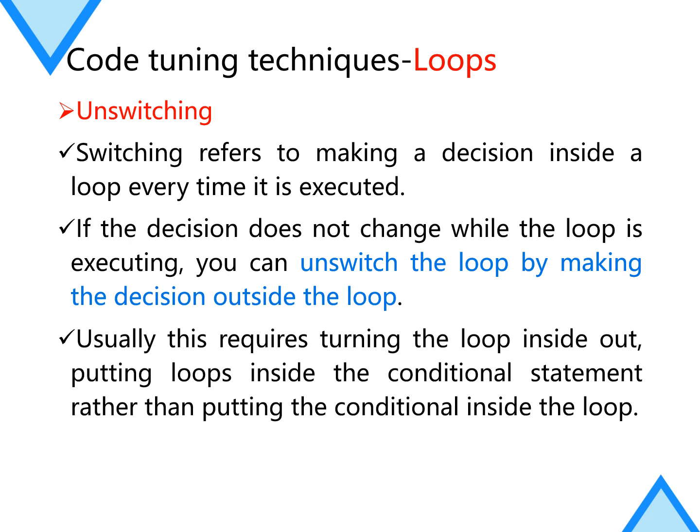If the condition does not need to be evaluated every time, put the loop inside the condition. If the condition changes every time, use the switching practice and put the condition inside the loop. So now we are going to unswitch, meaning putting the condition outside the loop.